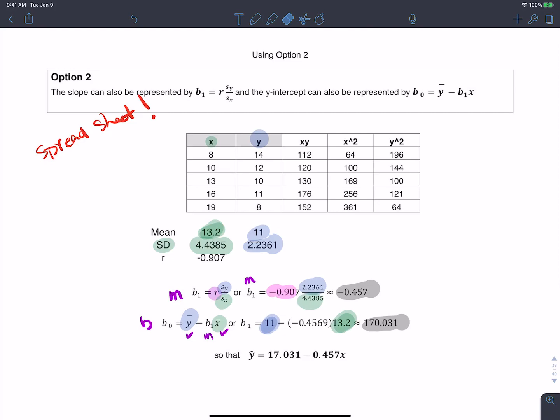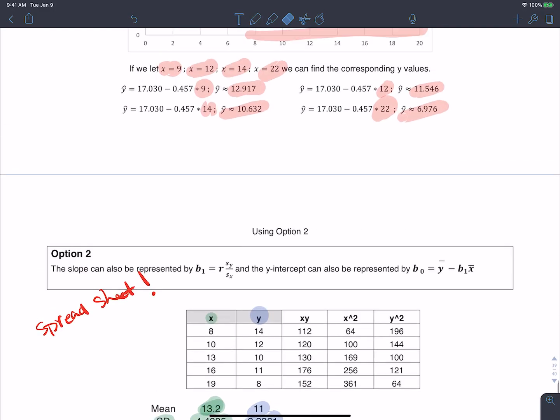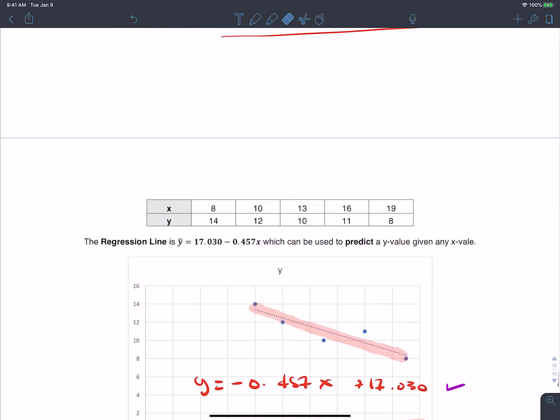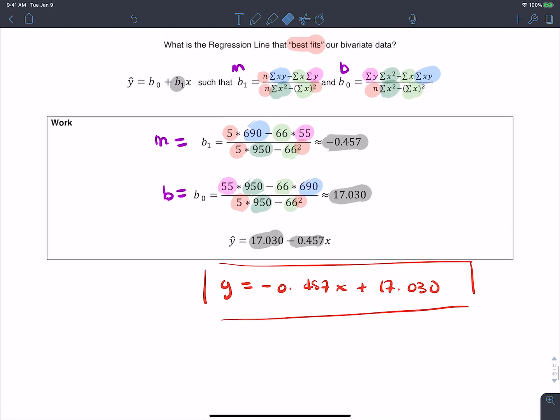Instead of getting 17.030, I got 17.032. I'll double check the calculation there, but generally speaking, whenever you approximate, it depends on where you approximate things. Well, I see what you got here, 17 for the y-intercept value. Okay, go back and see how we do that.